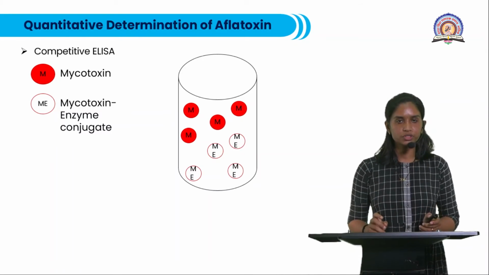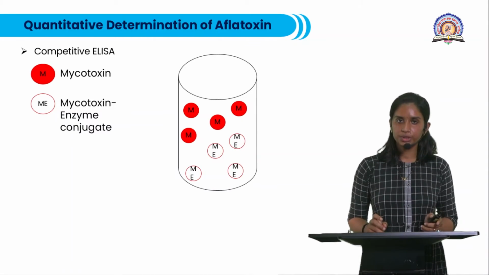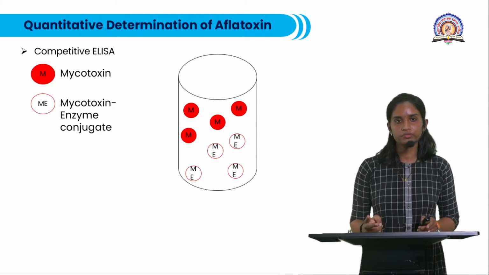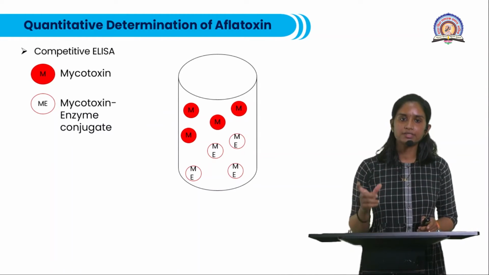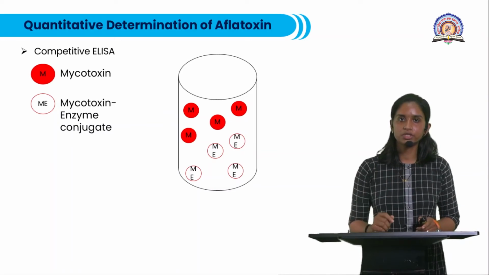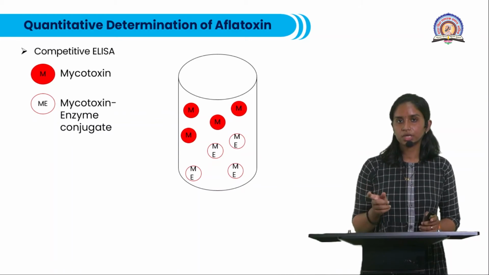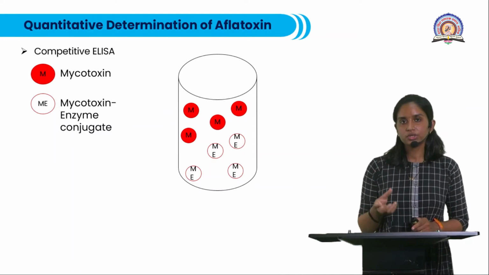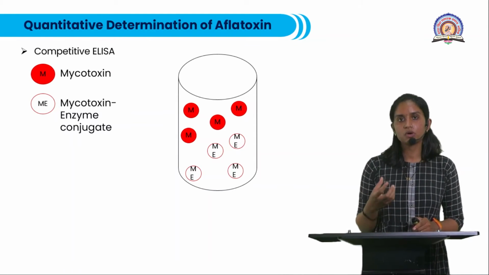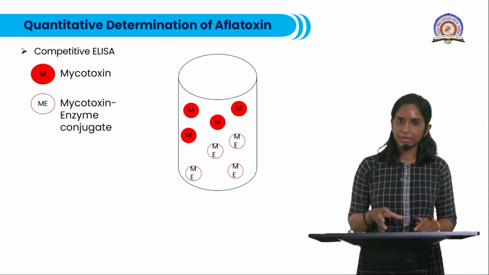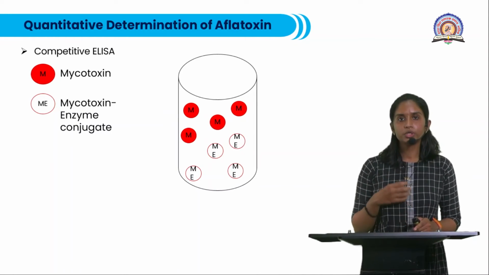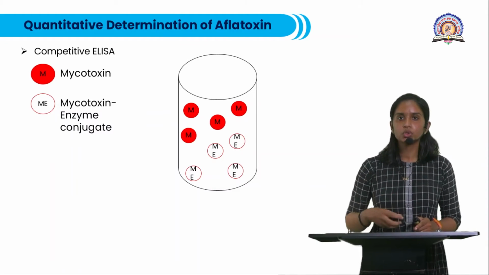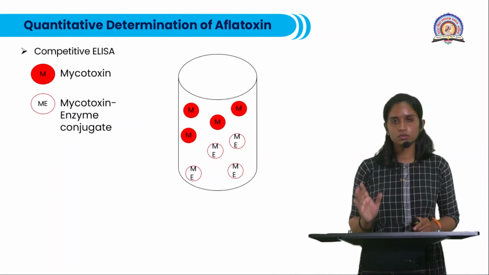So first solution will be your sample in which mycotoxin will be present, and second solution will be mycotoxin and enzyme conjugate as given in this figure, and here you can see that they are mixed together. Now in your sample you don't know what is the concentration of mycotoxin present, but you are going to add mycotoxin and enzyme conjugate intentionally, so you will add it in known concentration.